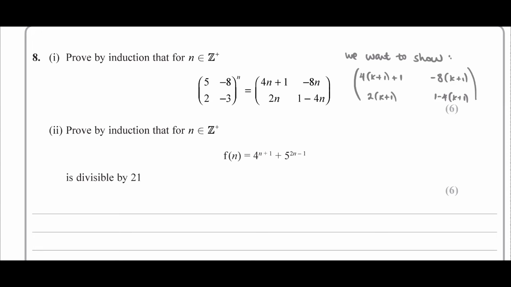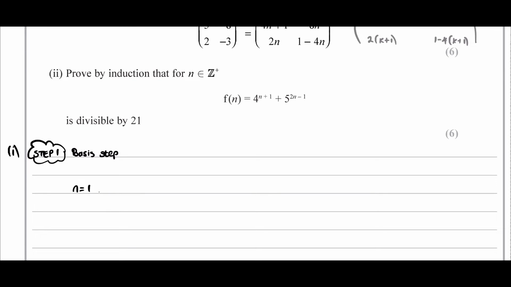So our first typical step in a proof by induction question, step 1, is our basis step. That's to say that when n equals 1, we can find out the left hand side and the right hand side.